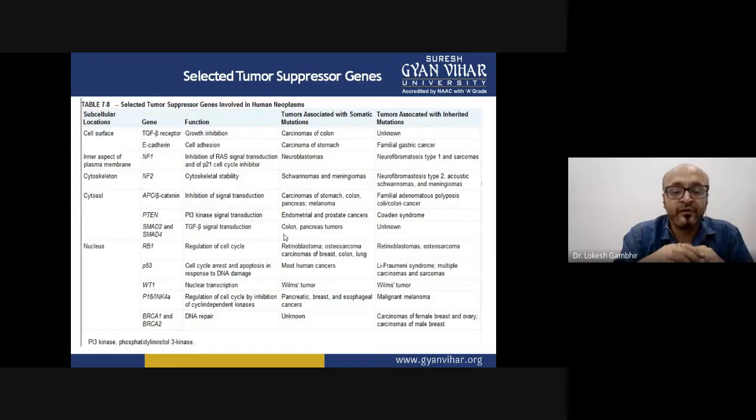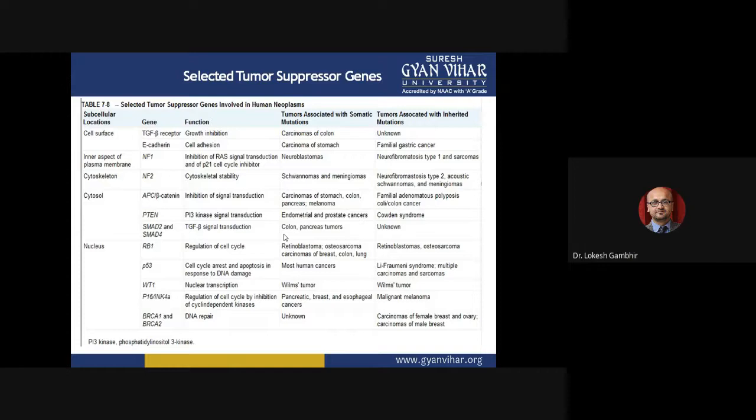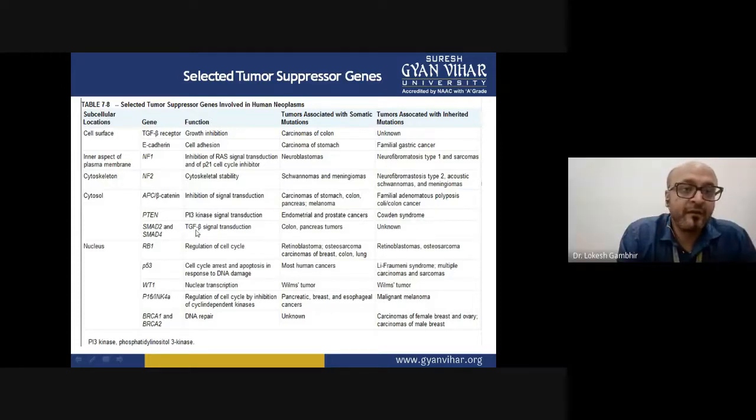So what are other types of tumor suppressor genes? I just have taken a list out of a review article, which beautifully summarizes the tumor suppressor genes involved in human neoplasm.